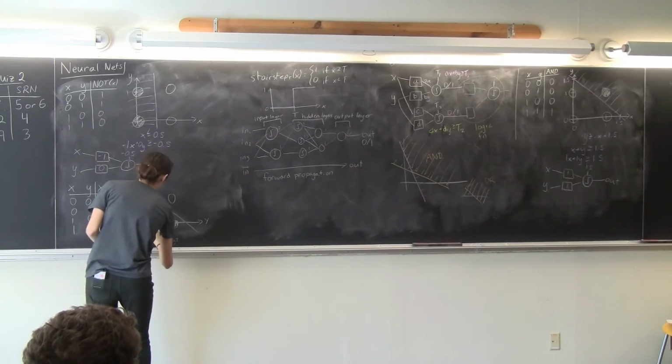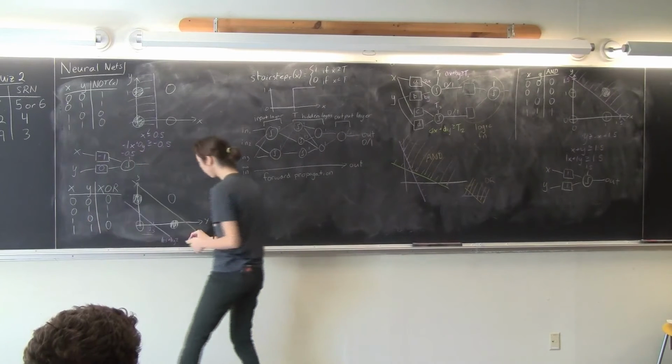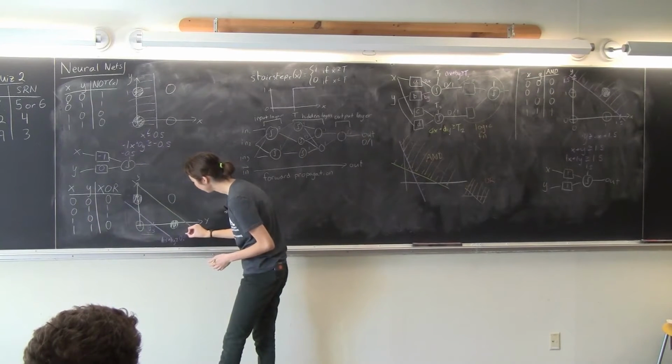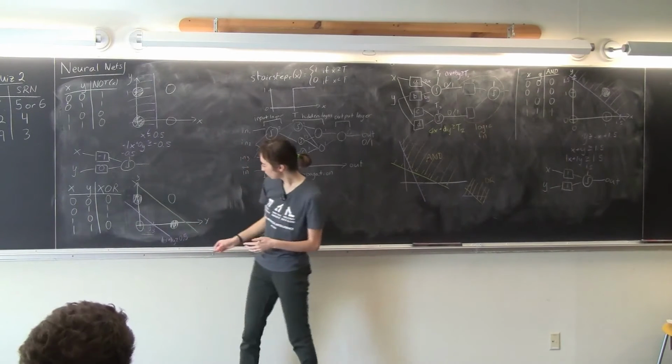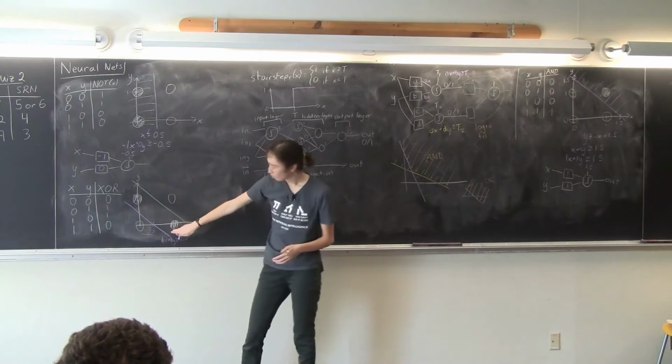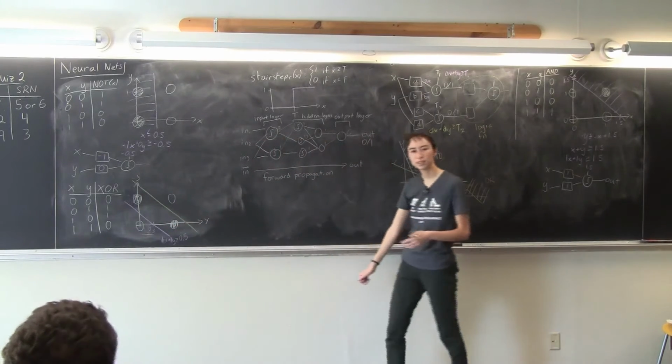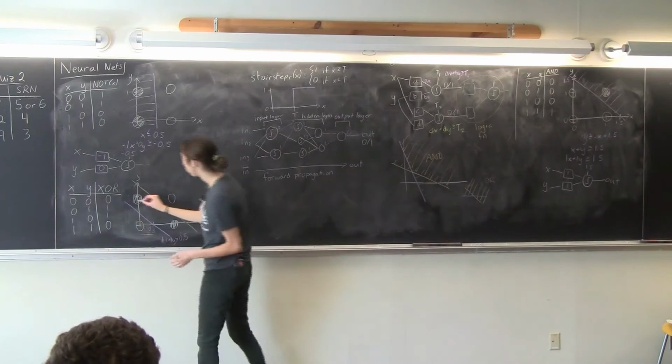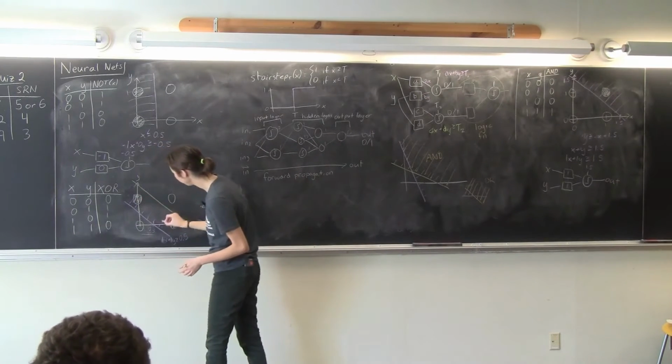If this crosses at 0.5, this would be 1x plus 1y is greater than or equal to 0.5. Well, which side of this line do we want to shade? Do we want to shade above it or below it? Above it, yeah. So that will be greater than 0.5.